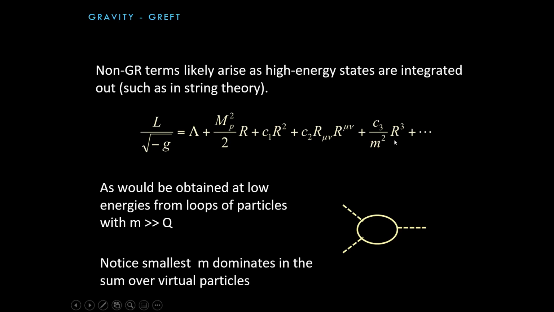So you should expect that these M's here are probably the masses of the things going around the loops. And so you're probably going to get sums over the things that were in the loops, some sums over the different masses of who could have been in the loops here. And that's why I'm telling you that the smallest mass that could have been in the loop is probably the one that wins in that sum, because your sums of terms that are all going like 1 over m squared will be dominated by the smallest m in the problem.